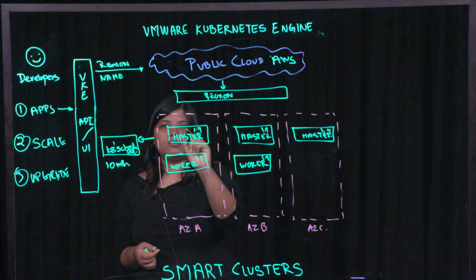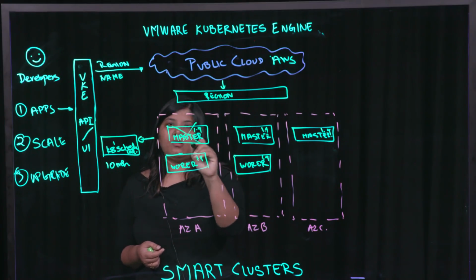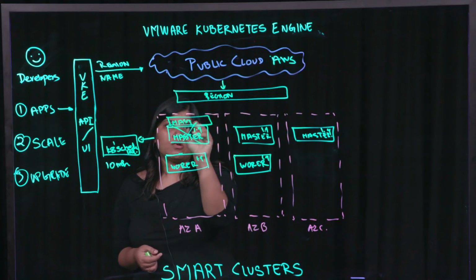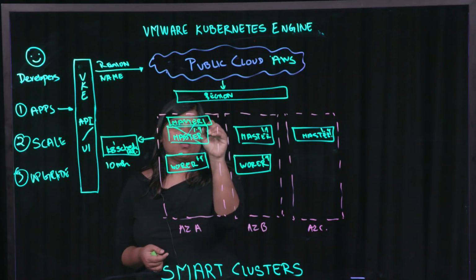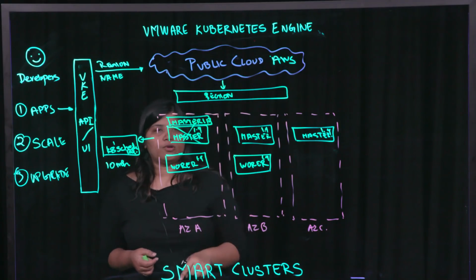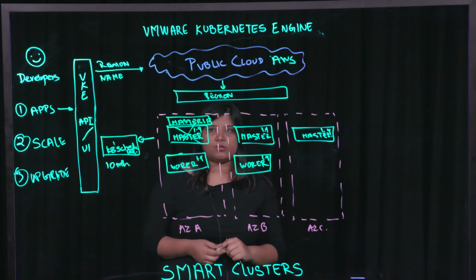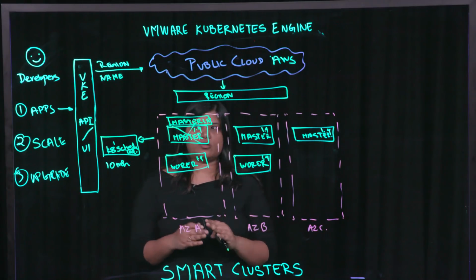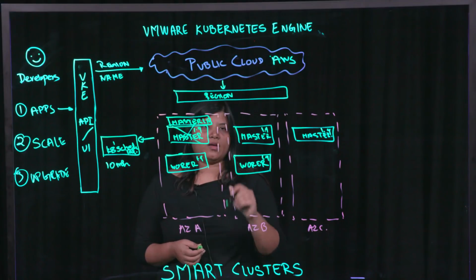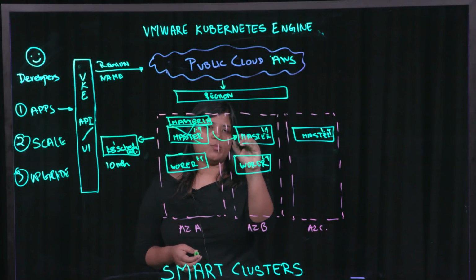It will first take out this master node and create a new one that is version 1.10, and join that master node to the cluster. Make sure that all the clusters are in a good state, and then move on to the second master.